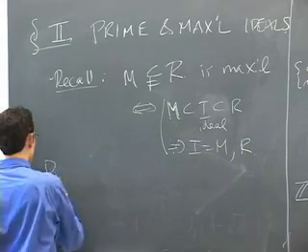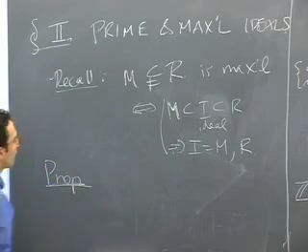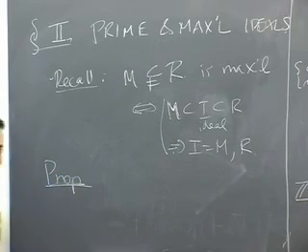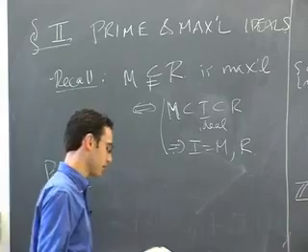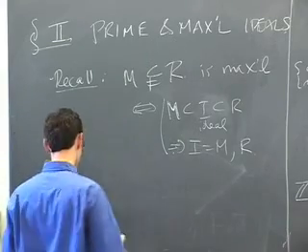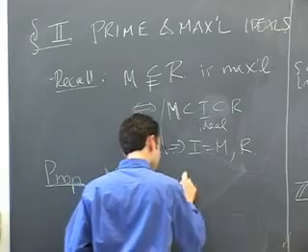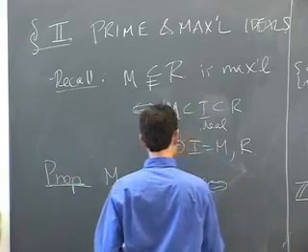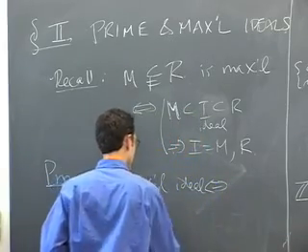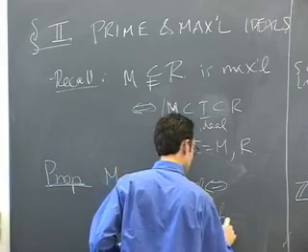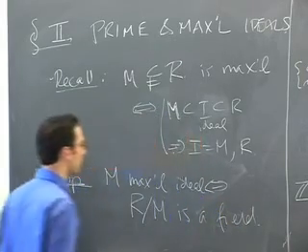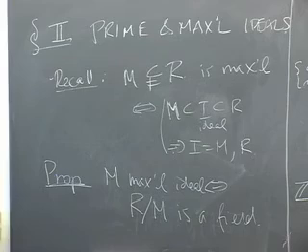Now, what was our clever way of characterizing maximal ideals in terms of quotients of a ring? They're fields. Exactly. So here's the theorem. M is a maximal ideal if and only if R mod M is a field. And this is because we understand the structure of the ideals of a quotient.